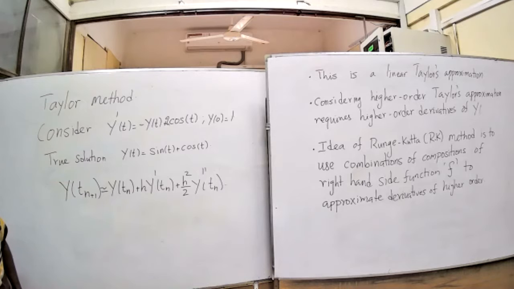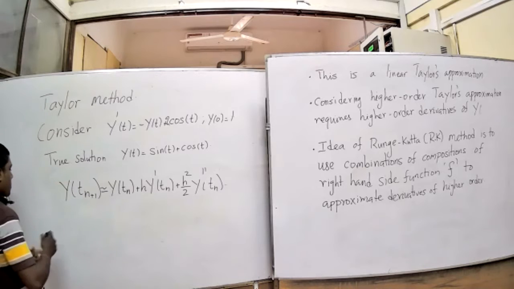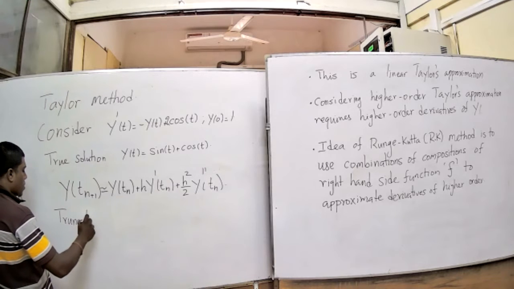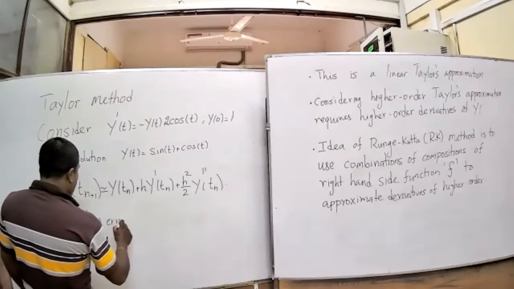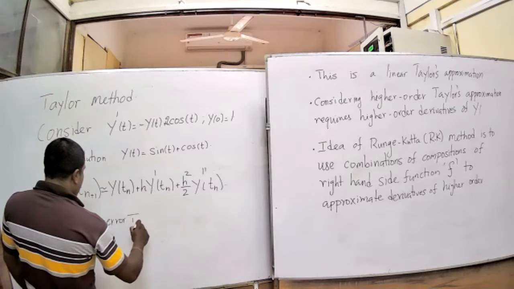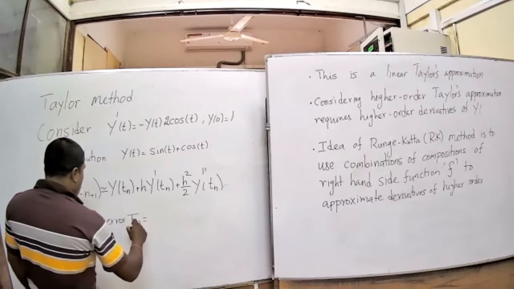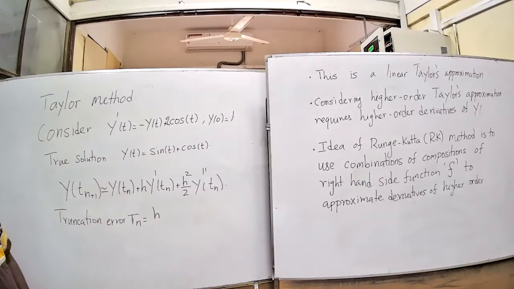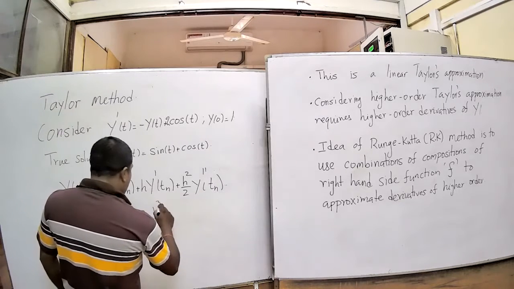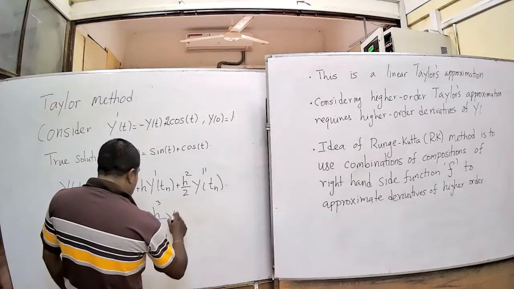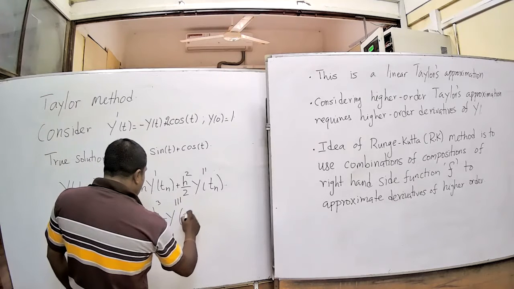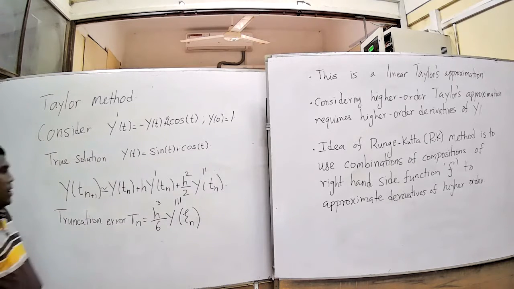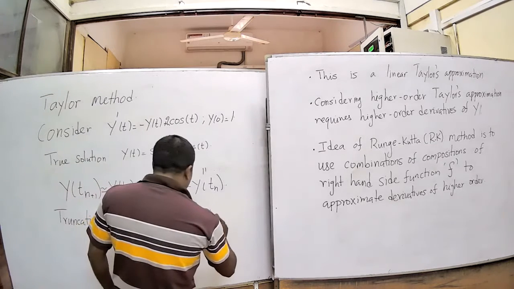In this case, you know that there is h cubed over 6, 3 factorial, times y triple prime at psi n, with this psi n between tn and tn plus 1. That's obvious for you.